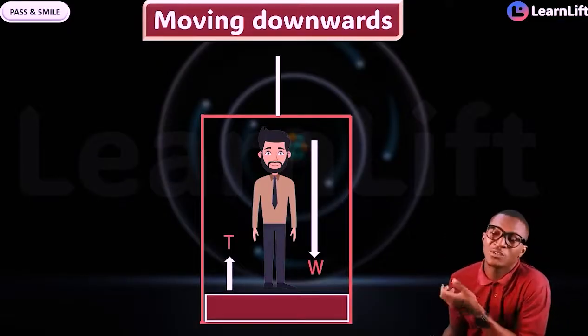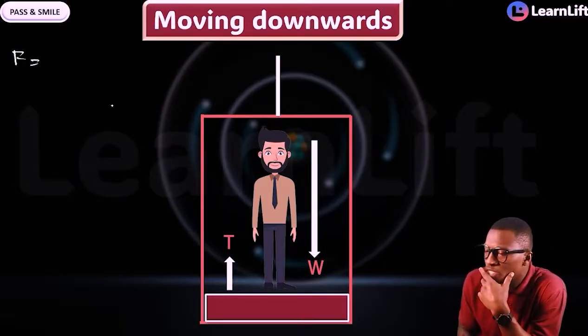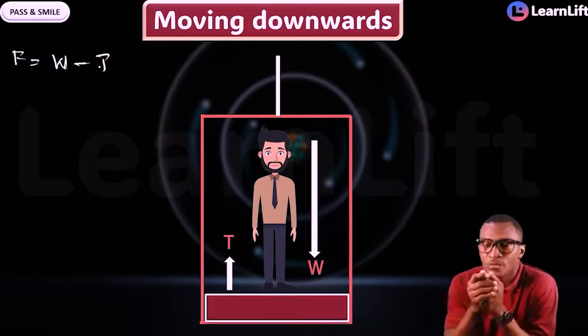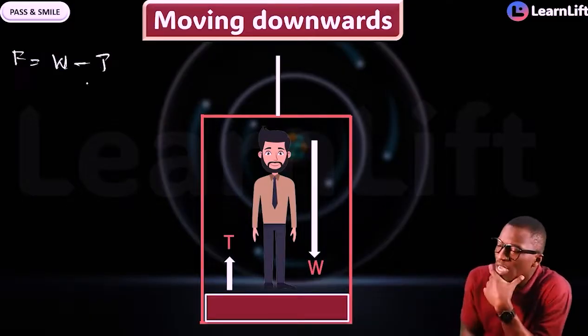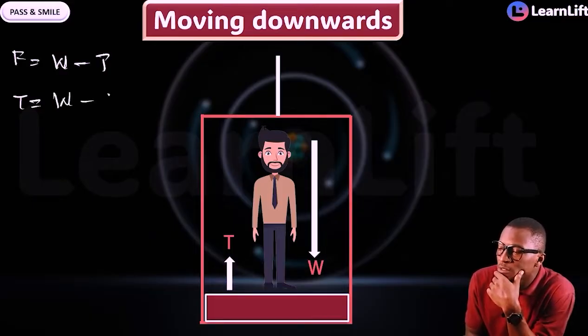So of course here there's also an unbalanced force. What will be the unbalanced force? The unbalanced force F will now be equal to, who is bigger here? The weight is bigger. That means F equals the weight W minus the tension. And if you make tension the subject of the formula, this now becomes tension is equal to weight minus force.